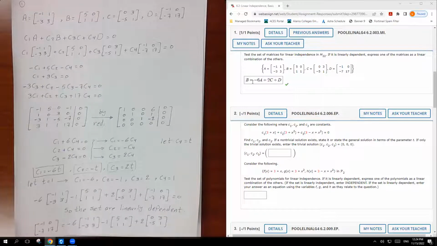But if I plug in B, you move it to the other side as a linear combination of the rest. So B equals negative 6A plus 2C plus D. The main thing is we found the scalars C1, C2, C3, and C4, so you can write down any matrix as a linear combination of the rest.